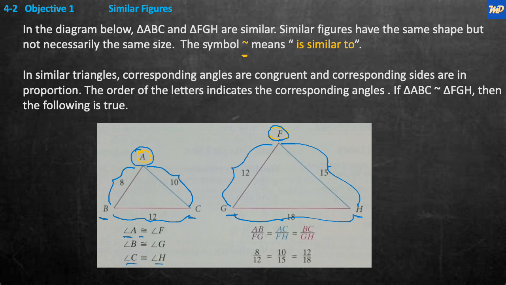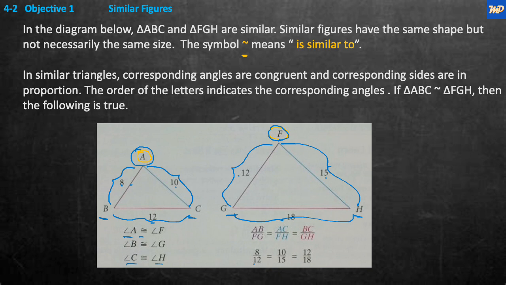Okay, and then look at the numbers, 8 and 12, 10 and 15, 12 and 18. These ratios are all equal to each other. So 8 divided by 12 is equal to 10 divided by 15.